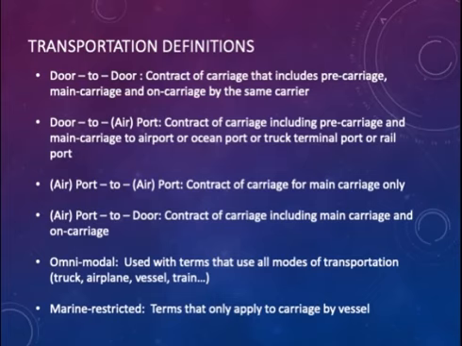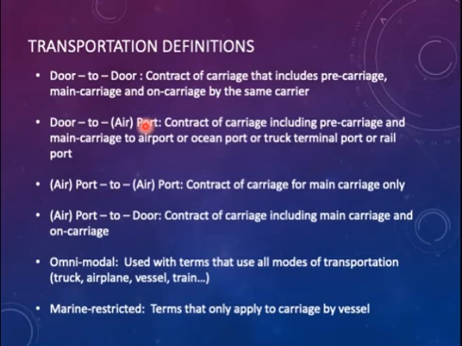So there is one carrier. Carrier là gì? Nhà vận chuyển đúng không? Nhà chuyên chở đúng không? Người vận chuyển hả? So there is one carrier that is responsible for the three carriages: pre-carriage, main carriage, and on-carriage.